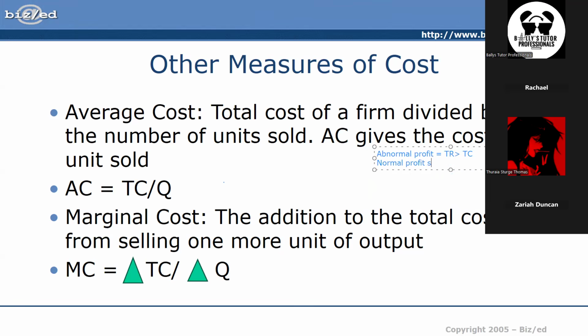Normal profits is when total revenue is equal to total cost. Losses is when total revenue is less than total cost. To calculate profit, you have to compare your revenue and your cost, right? Average revenue is your revenue per unit.